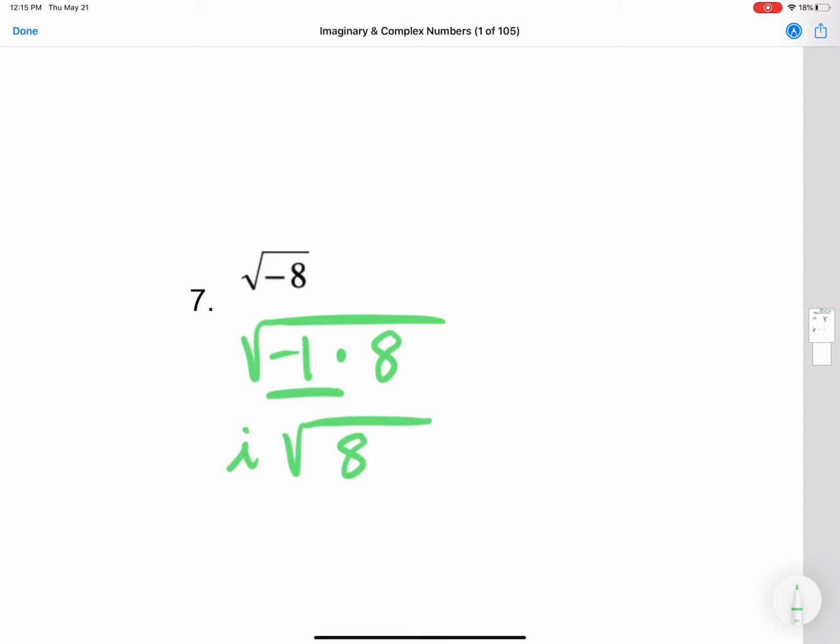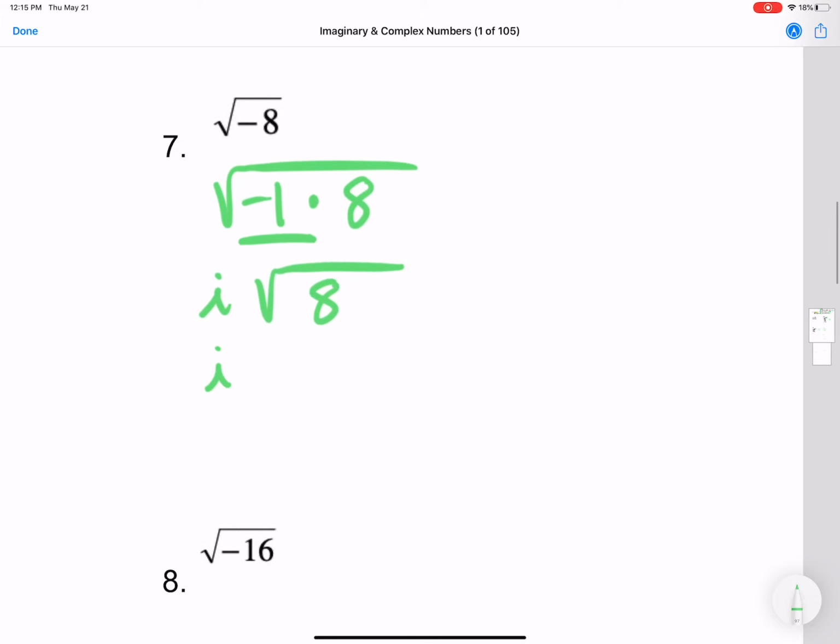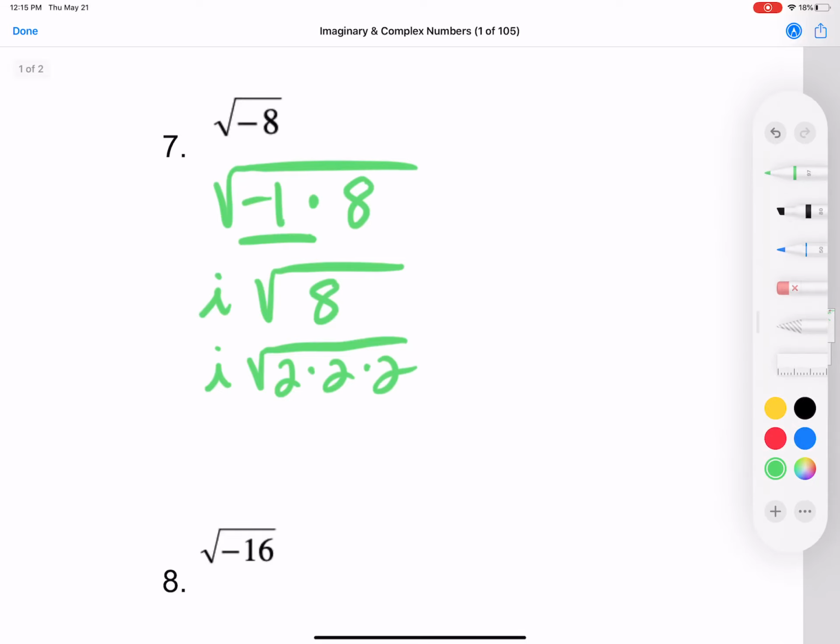Now, you would be done if you couldn't simplify the square root of 8, but you can. So just keep simplifying. You can make a factor tree if you want. I know the square root of 8 is 2 times 2 times 2. Remember to take out your bundles. I want bundles of 2. So this is really going to come out.